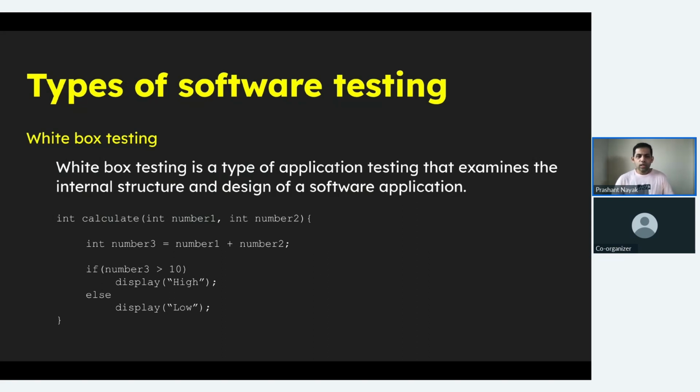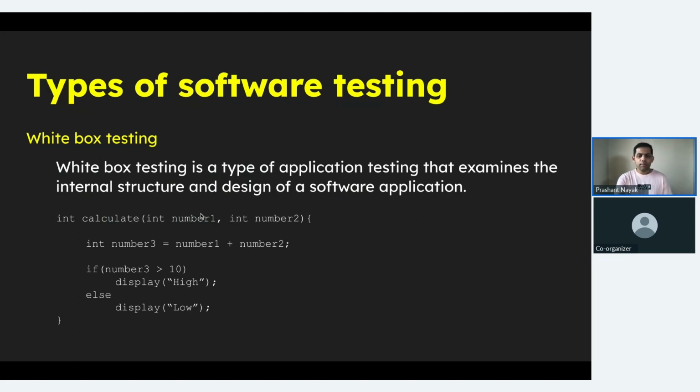Okay, so we know that code as a white box tester. My job is to understand the code, read the code and see how exactly the code is working, and based on that I'll pass different inputs as parameters and see how exactly the function is responding. So I might enter like 10 and 5 here and see if it is displaying high or low.